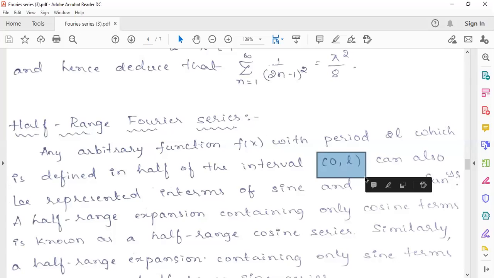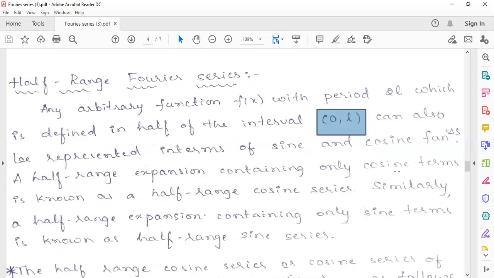For example, if you want to express the given function, which is given in the interval 0 to L, in terms of a cosine series, you have to take the mirror image of that function about the y-axis.